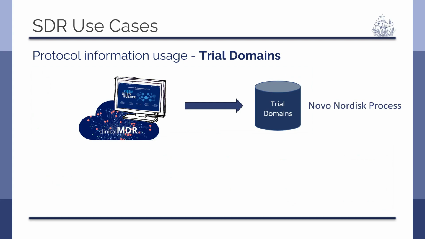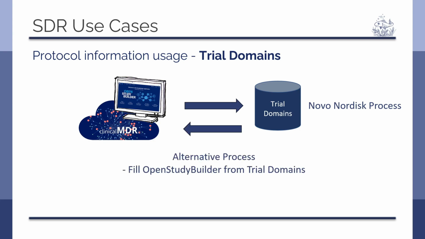And again here, the Novo Nordisk way is that you enter all protocol information into your OpenStudyBuilder and then you will get the trial domains automatically. But if you would like to do it vice versa, there's an opportunity as well. So you can fill the OpenStudyBuilder just from your trial domains and read them in. So it really depends on your specific use case which you can apply.